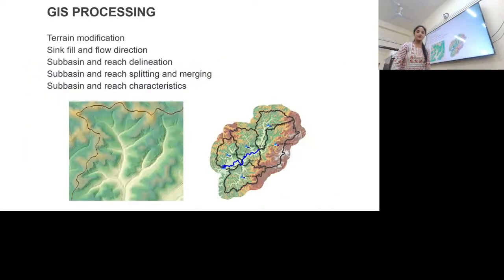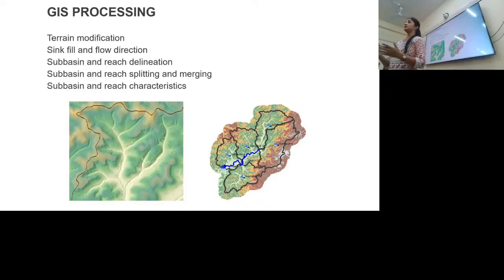Then GIS processing. You have already used geographic information systems like ArcGIS. What HEC-HMS does is that you don't have to use ArcGIS separately. The GIS facility is incorporated in the model itself. So when you run the model, first comes GIS processing.